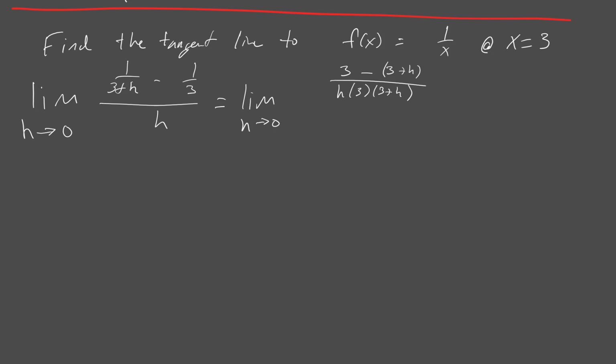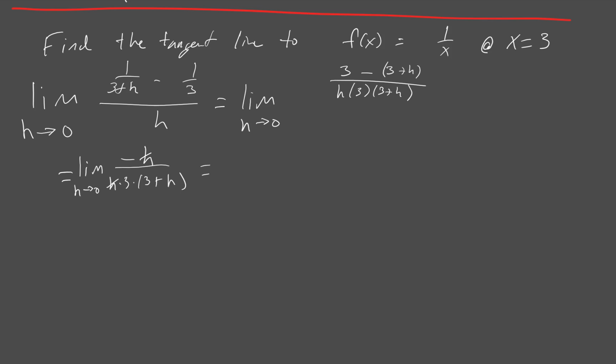Okay, and we get to cancel some stuff. This equals minus h on top. I've got an h on the bottom, I've got a 3 down there, and I've got a 3 plus h down there. The h and the minus h turn into a minus 1.